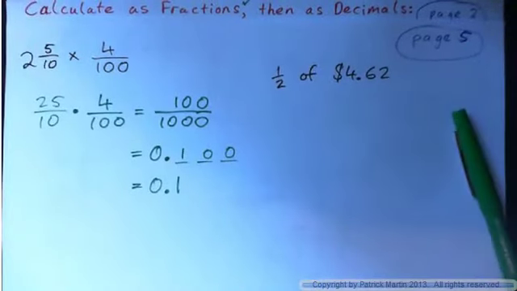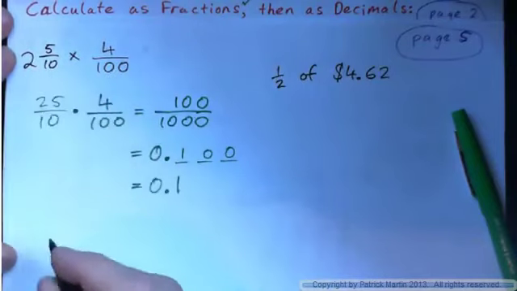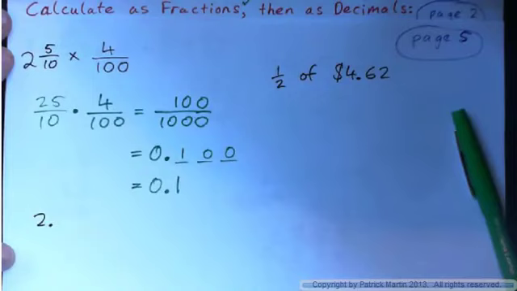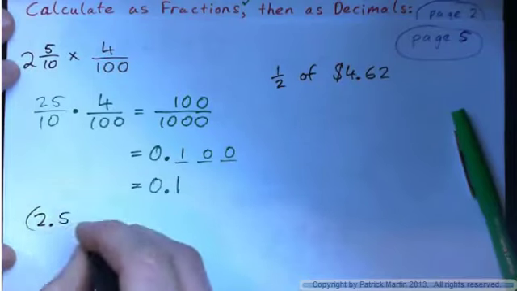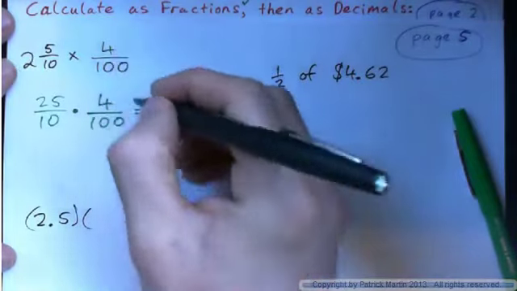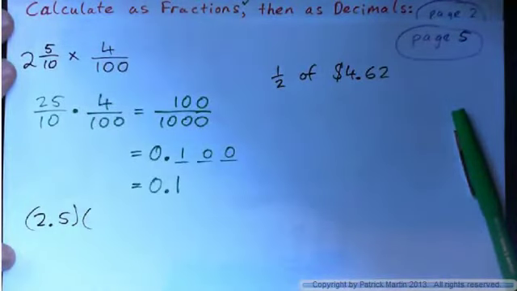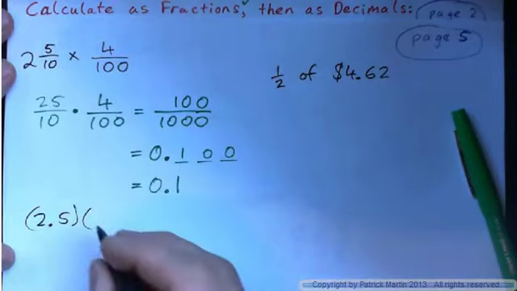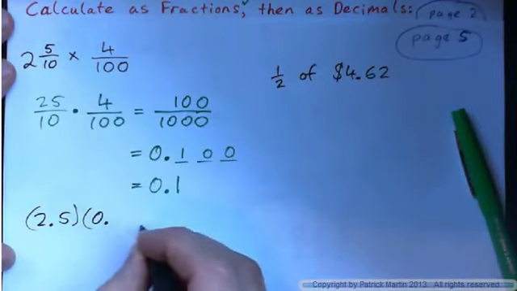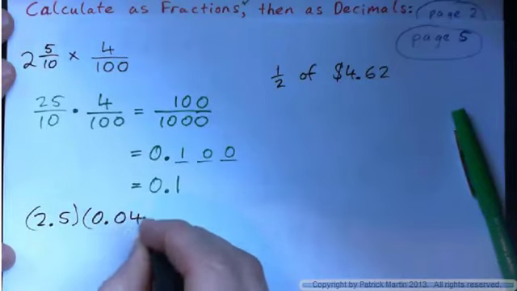We're going to now write these things as decimals and multiply them. So 2 5/10 as a decimal is 2 point what? 2.5, right? And that's been multiplied by what's 4/100ths as a decimal? 0.04, right?